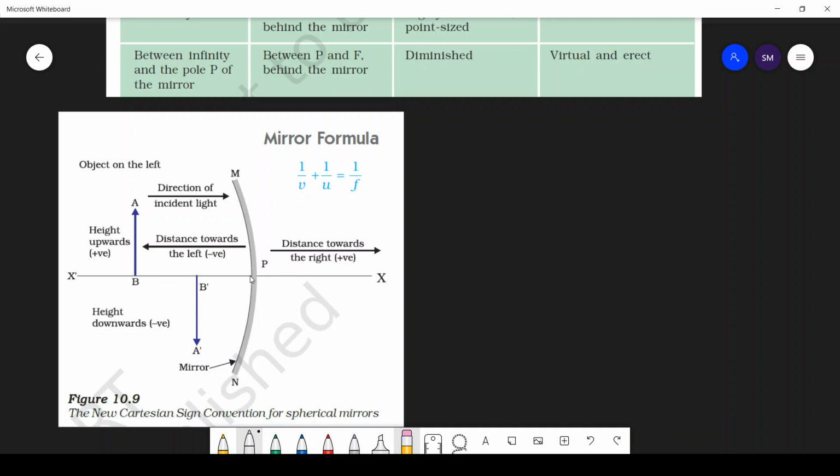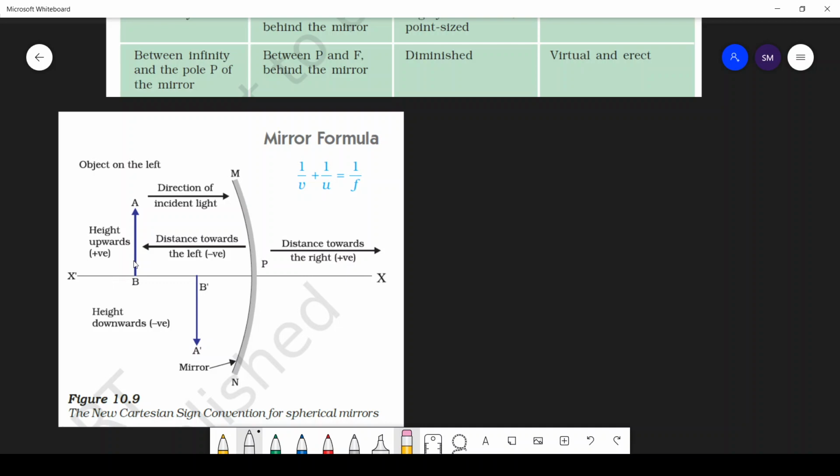That is why the object distance will always be negative. And if the image is also in front, it will also be a negative distance. And focus is always there in case of the concave mirror.